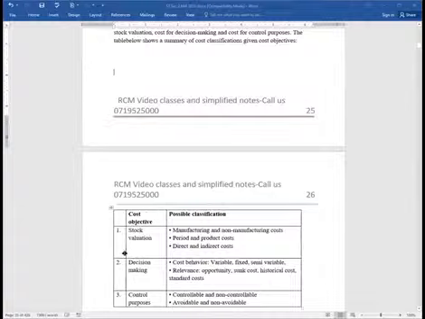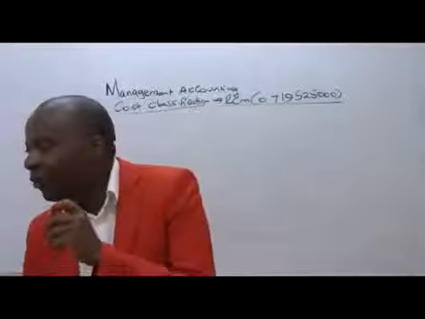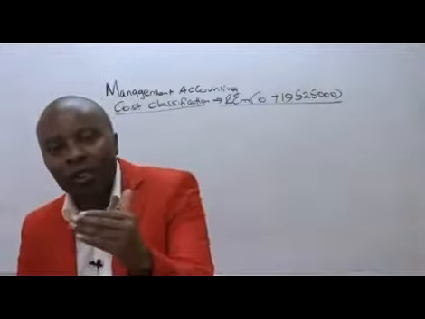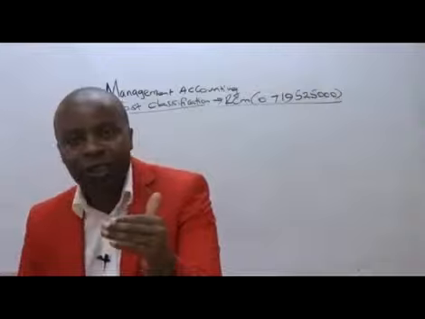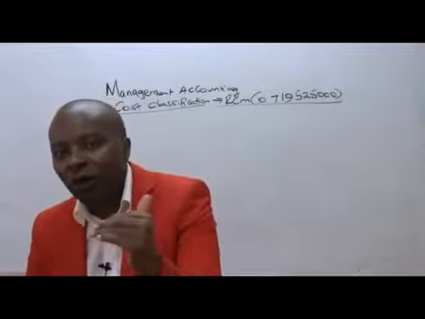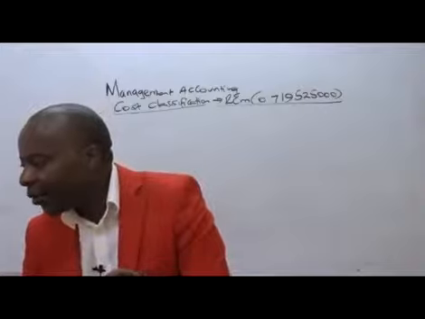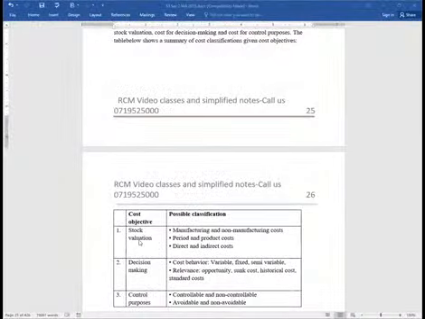If you have a cost objective of stock valuation, what will be some of the classifications of costs under stock valuation? Ladies and gentlemen, here we are told under stock valuation, we are going to have two types of costs. We could have what we call manufacturing and non-manufacturing costs.